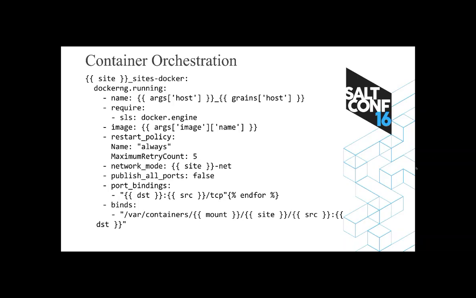So as I mentioned earlier, we have container orchestration. This is pulling variables from a pillar file. And so we have site name. We're starting the Docker container. Docker support in Salt: because the Docker software is moving so quickly, Salt is also moving so quickly.